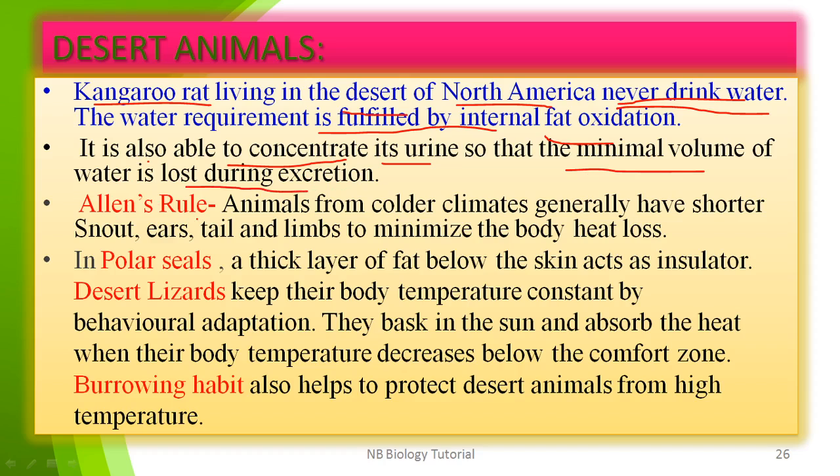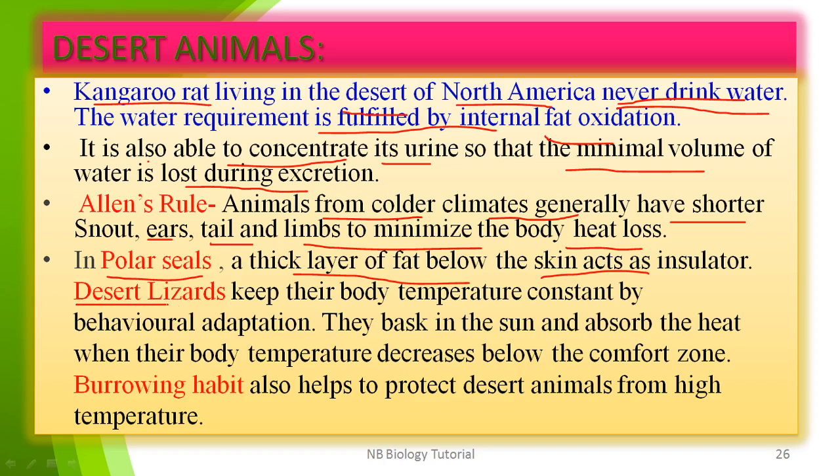Allen's rule says that animals in colder climates generally have a shorter snout, short ears, a short tail and short limbs to minimize body heat loss. In the polar seal, a thick layer of fat below the skin acts as an insulator.